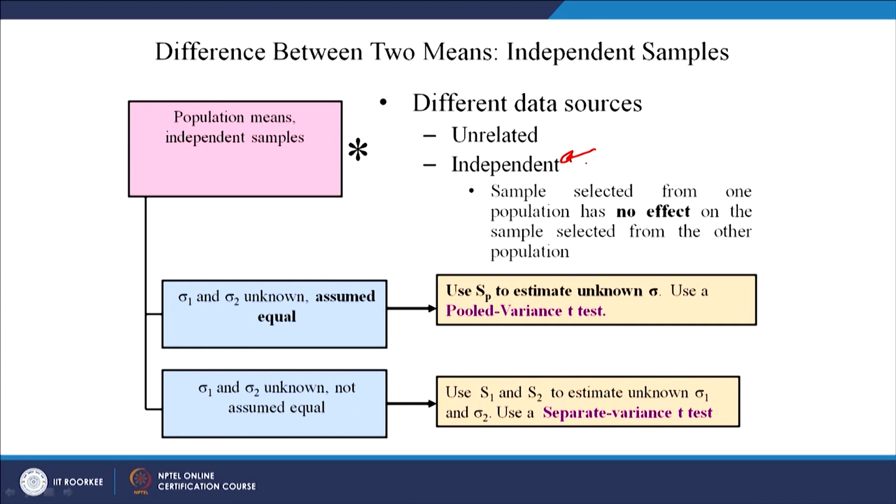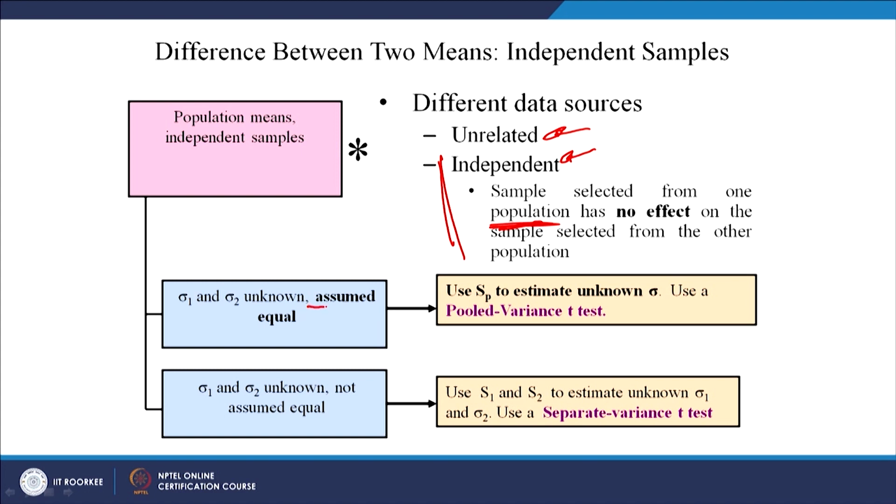So, as I said, you can have independent samples. Population 1 is totally independent of population 2, right, or you can call them unrelated samples, right. So, a sample selected from one population has no effect on a sample selected from the other population. That is the meaning of independent sample, which I have already explained.